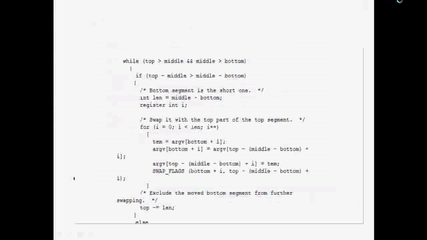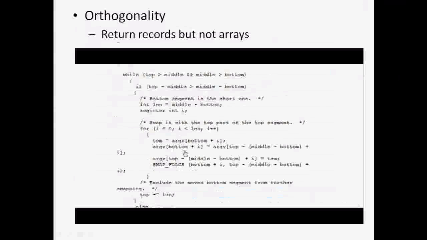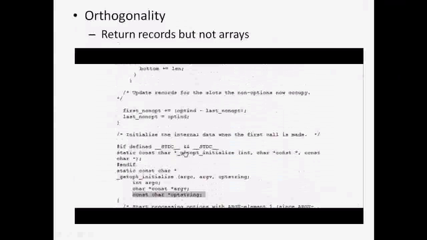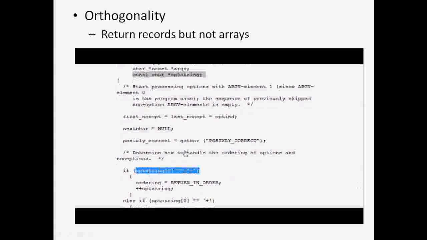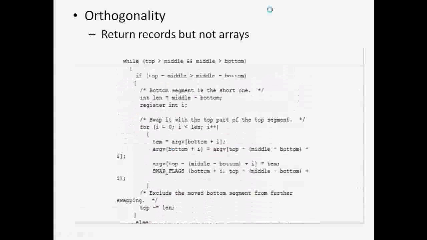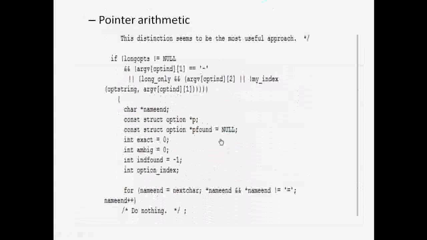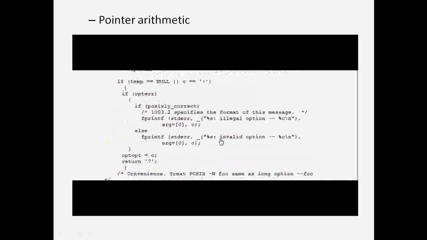When talking about the orthogonality, programs return records instead of arrays. We could identify that program code heavily used pointer arithmetic, which leads to less orthogonality.